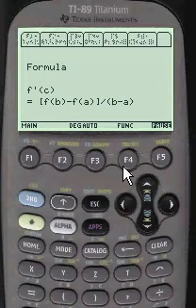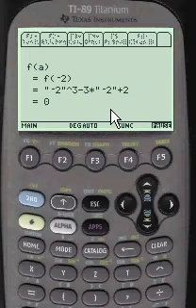The mean value theorem says that if g of x is continuous on a and b and differentiable on a and b, then there is a number c such that g prime of c equals g of b minus g of a divided by b minus a. Isn't that clear and wonderful? Bunch of baloney. Okay, so there's the formula.